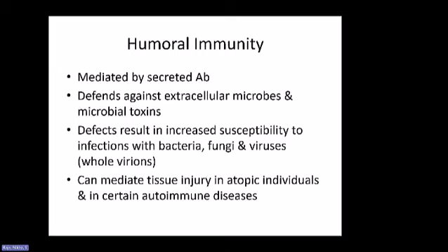All right, so let's get started. Let's talk about humoral immunity. It's mediated by secreted antibodies, as we know, and defends against extracellular microbes and microbial toxins. What this means is a virus is an intracellular microbe, but when that virus is outside the cell, humoral immunity can still affect it, right?